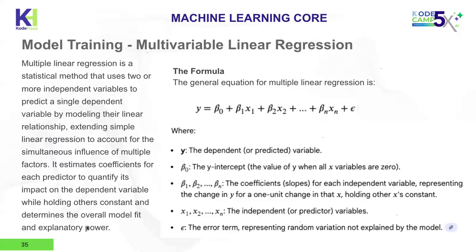In this screen here, you see a formulation. We are using beta rather than m. It's essentially the same thing, right? So you have beta 1 x1 plus beta 2 x2 all the way to beta n xn. Then we have beta 0, which we now take as c, the constant or the intercept on a linear graph.